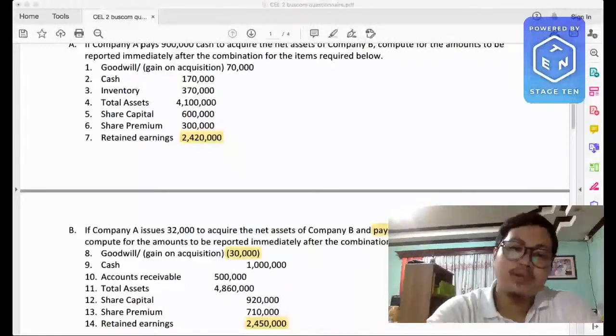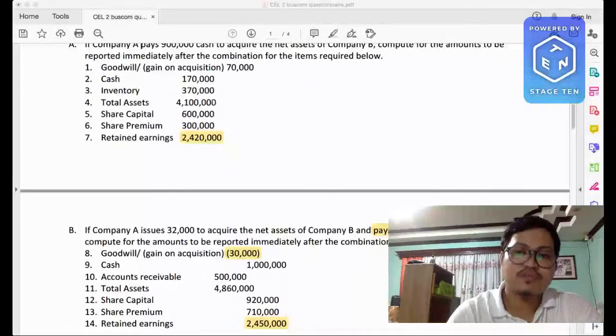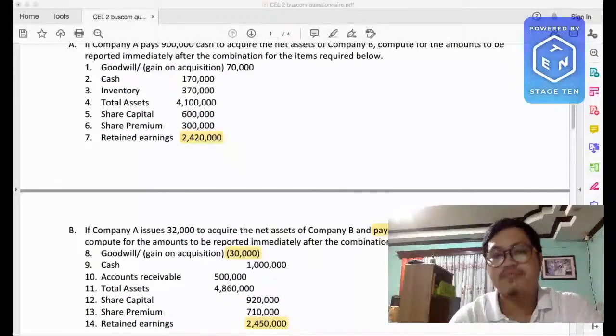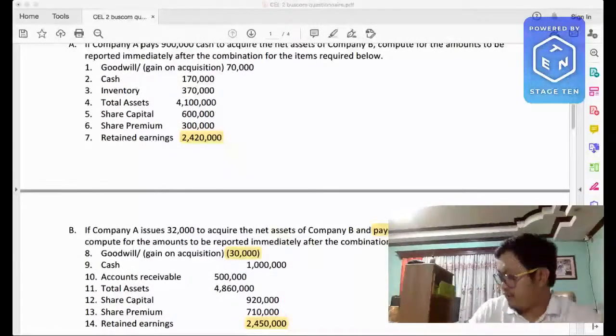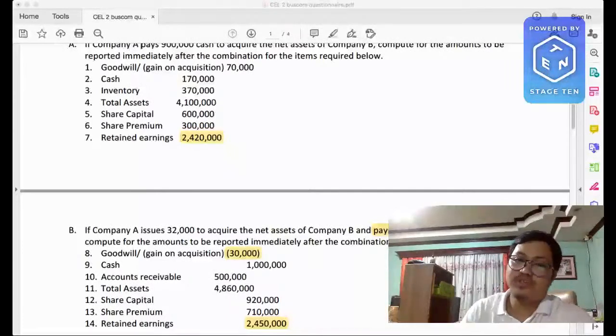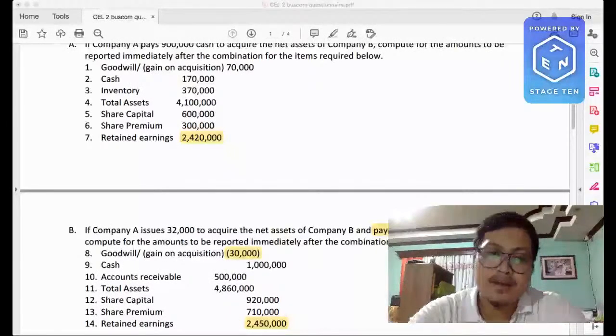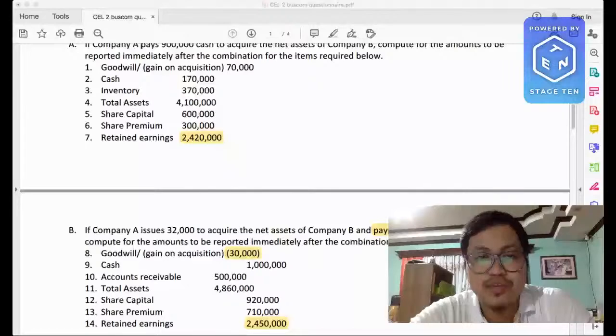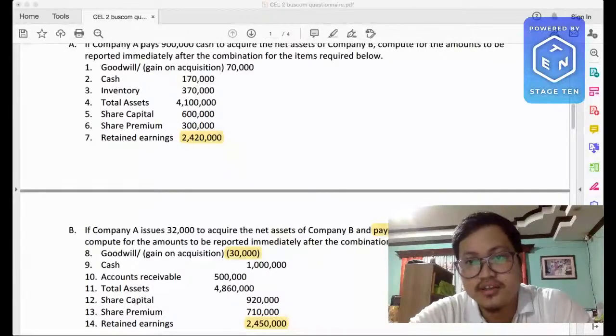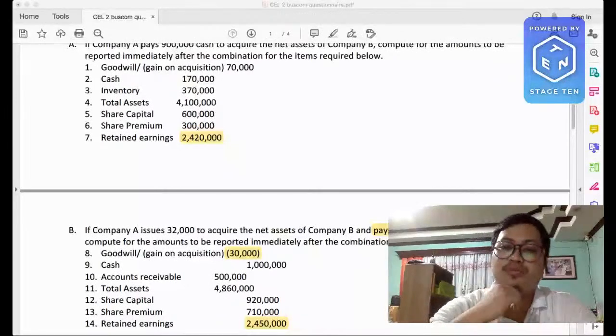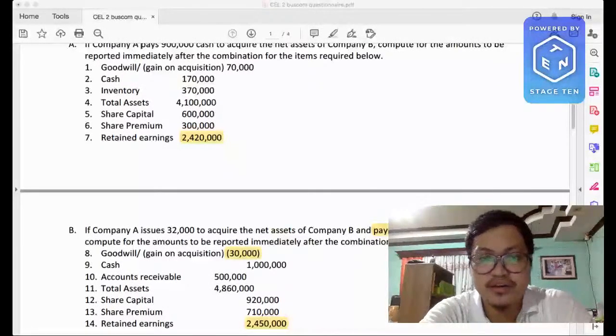Now, what will happen if the additional share premium from the issuance of the shares is not enough to cover the stock issuance costs? You bring down the additional share premium to zero, and the unabsorbed portion would be charged to retained earnings. Okay, the unabsorbed portion would be charged to your retained earnings.